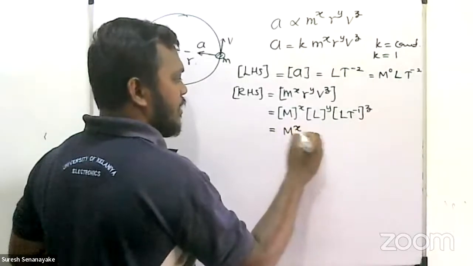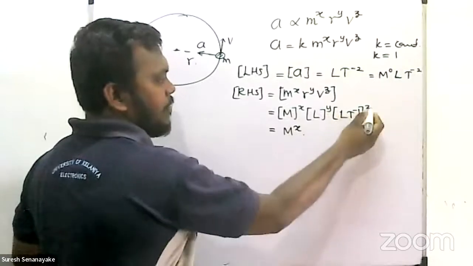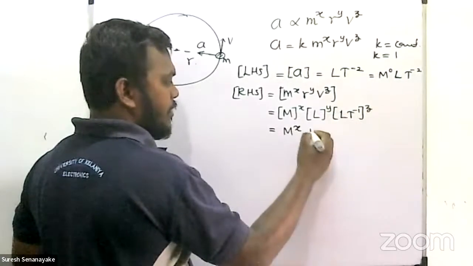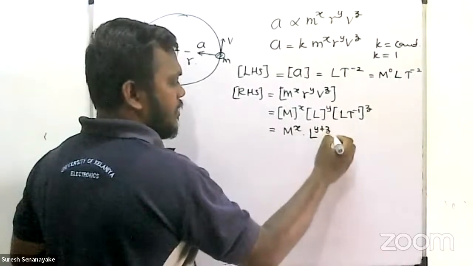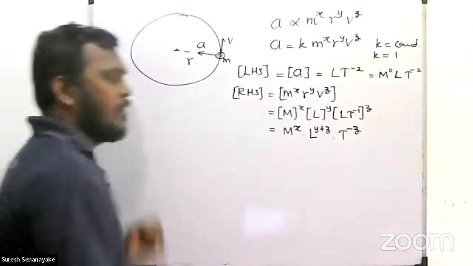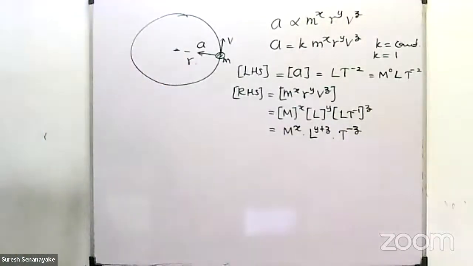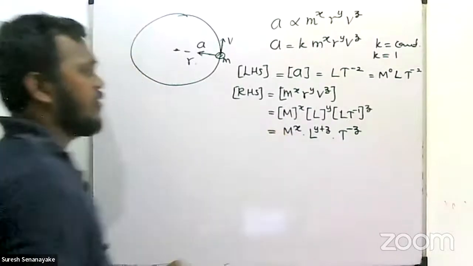Multiplying these, we get L to the y plus z and T to the minus z, along with M to the x.